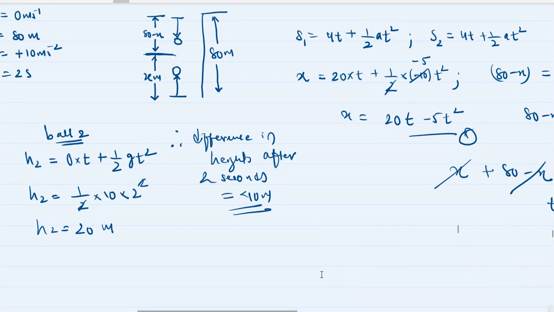Wait, I'm just going to use some other technique. I'm sorry for taking so much time, but I'm actually solving these questions. These are not ready-made solutions which I'm just discussing with you. Yes, so S is equal to ut plus half at square. We can just find the distance traveled by the first ball in 4 seconds.